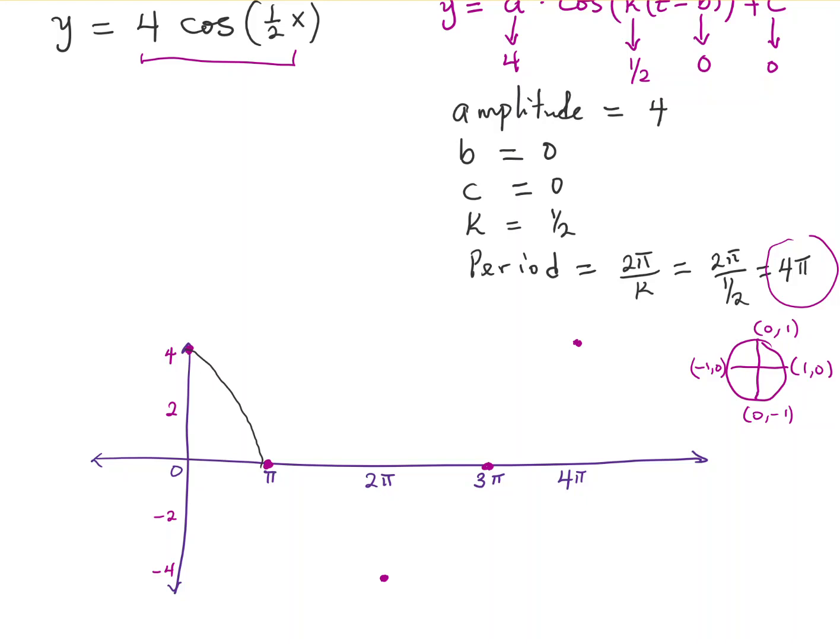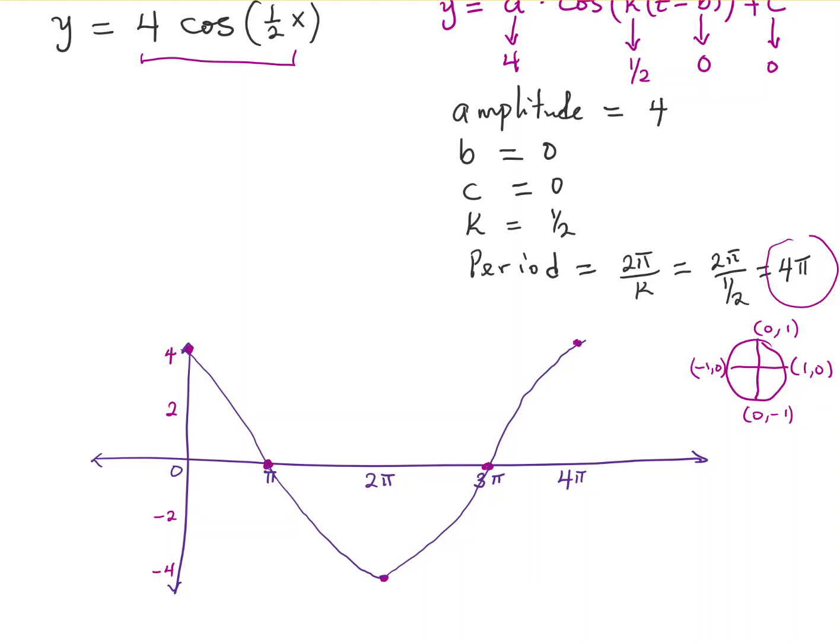This is not drawn to scale, so it's going to be awkward somehow. So we have something like this. All right, so that is the graph of that function.